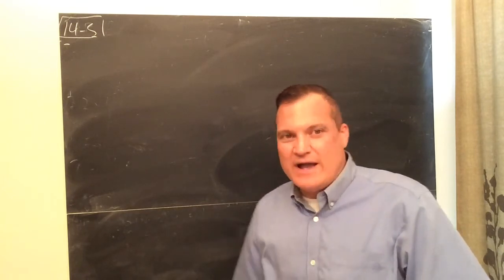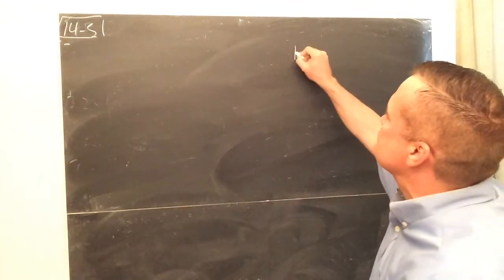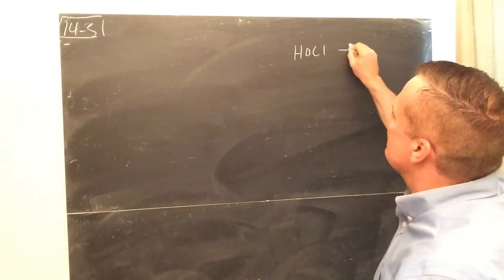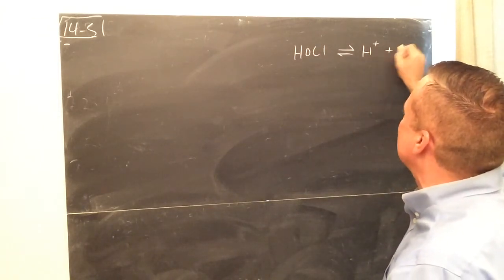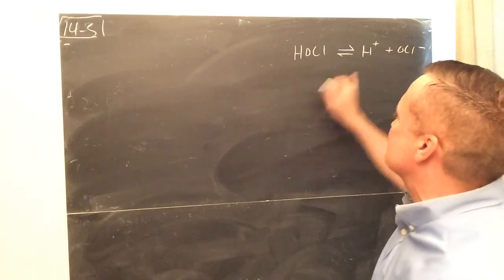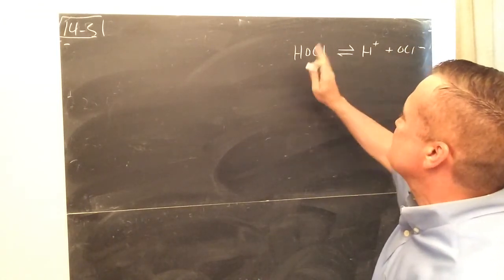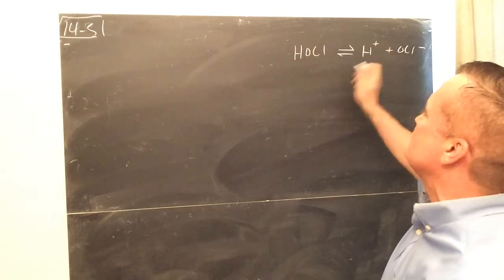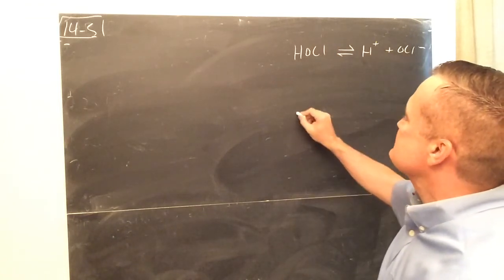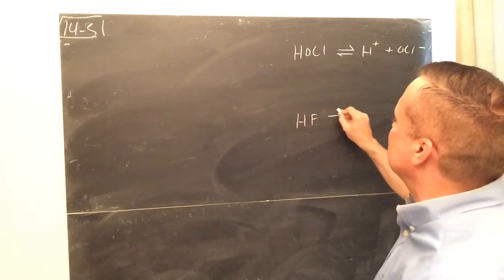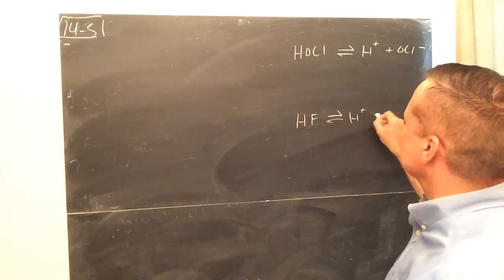When you write the equation for that, you could also write HOCl just breaks down into H plus and OCl negative, and do your ICE box, and that will be your hydronium. Instead of having H2O and H3O, you can also just put nothing here and break it off into H plus and OCl negative. The same way, the problem I just did, I could have done my ICE box like this.